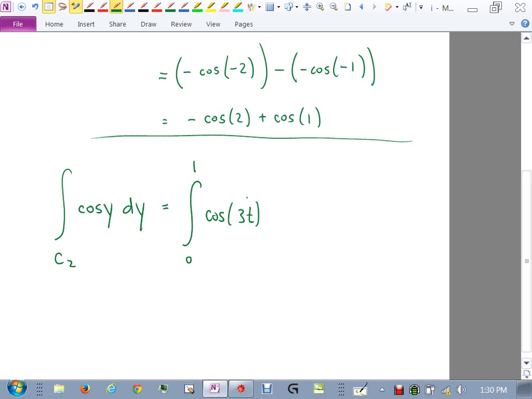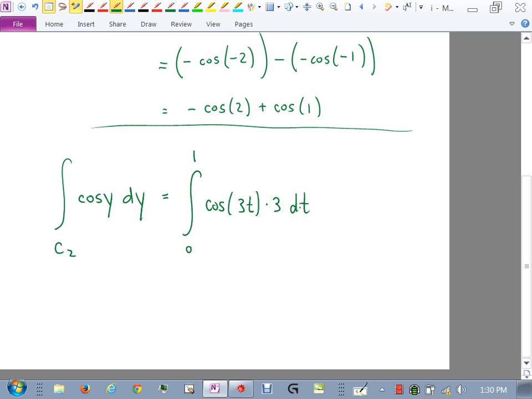What is dy? 3 dt. Antiderivative is sine 3t. Evaluate 0 to 1. Plug in 1, you get sine 3. Plug in 0, you get 0. So you get sine 3.